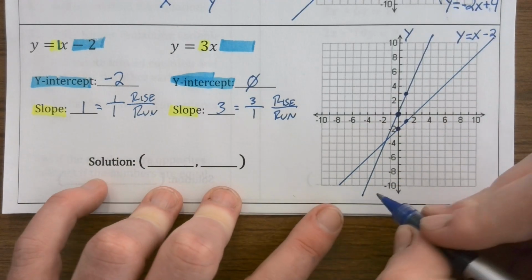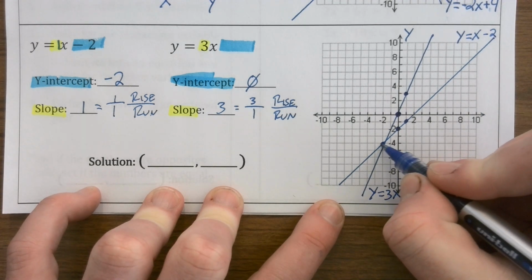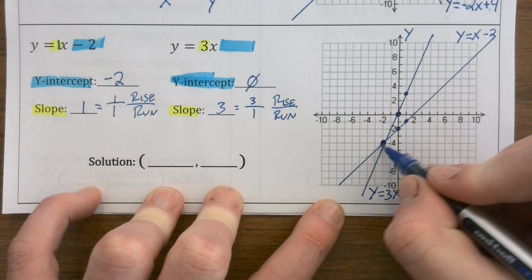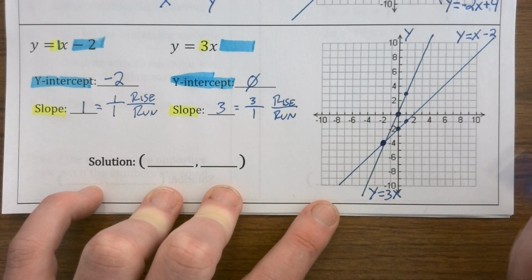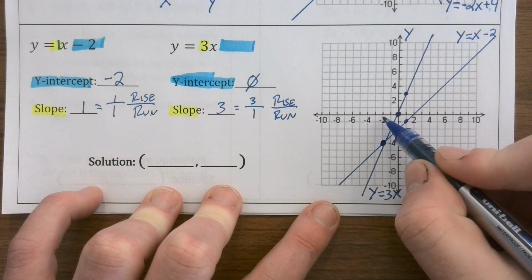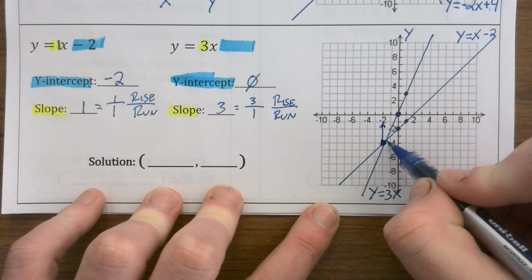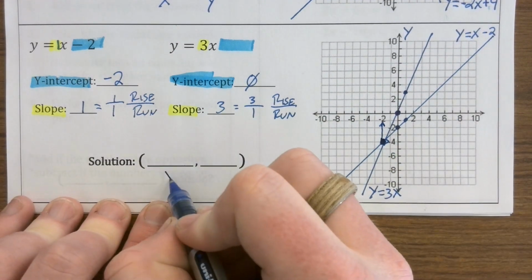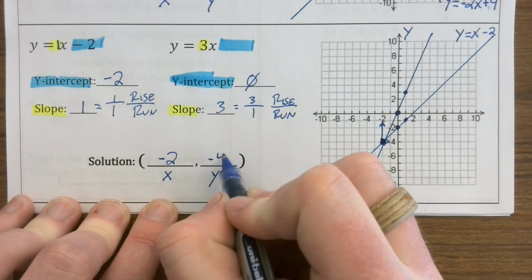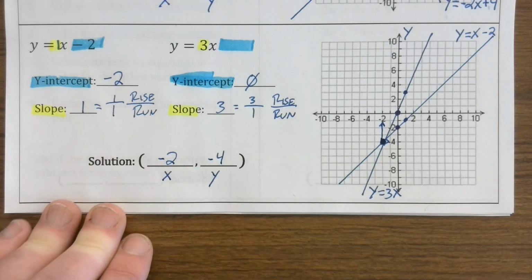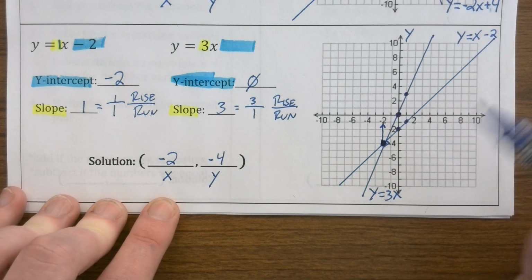Alrighty, there we go, and this is my second line, y equals 3x, and here is my intersection. Notice it's a little bit off the point because my line is imperfect, but it's close enough. Here is our point. Our x value is -2, and our y value is -4. At -2, -4 is where both of these equations are true at the same time.